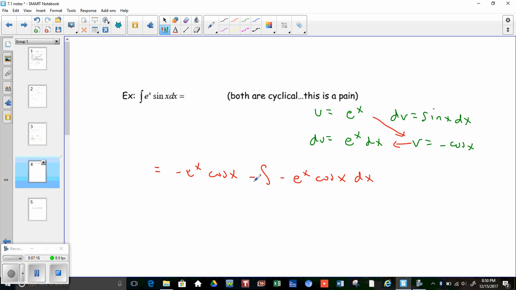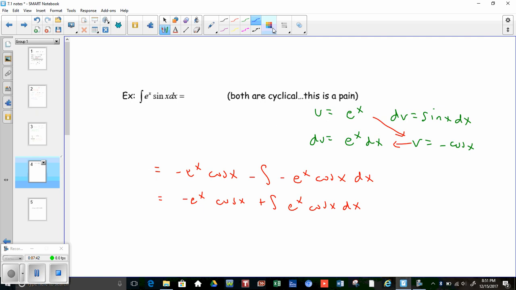Okay, this negative can make a positive. Okay, this step is not essential, but it just cleans it up a little bit. Okay, so now I got to look and try and figure out this integral. What you should see is now I've got an exponential, another trig. So we're going to have to do another integration by parts.